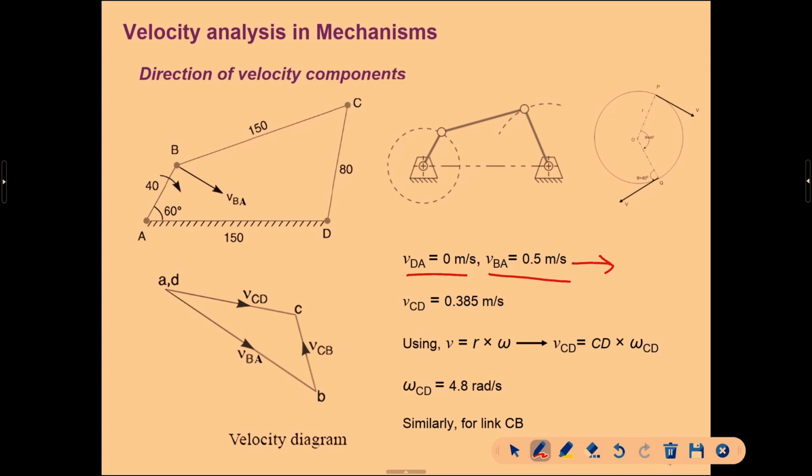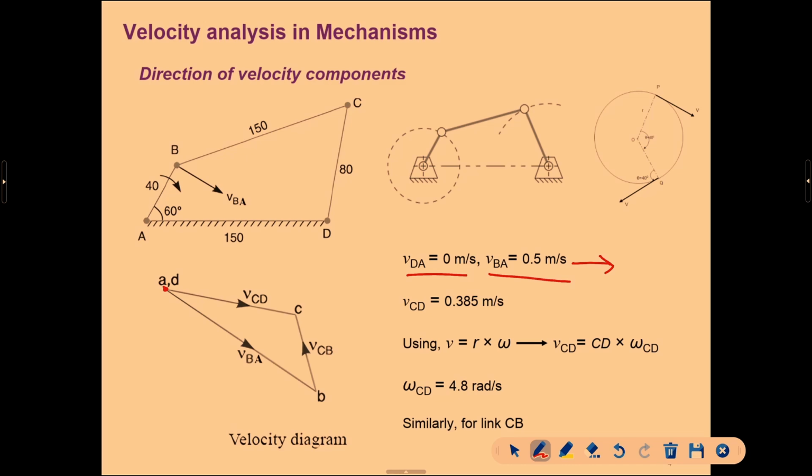Now, since velocity of D with respect to A is 0, it makes a single point in the velocity diagram, because the length of any line in the velocity diagram represents the magnitude of velocity. Since velocity of D with respect to A is 0, it does not make a line, it makes a single point in the velocity diagram.